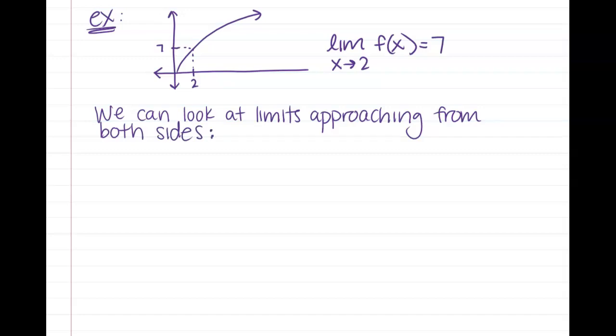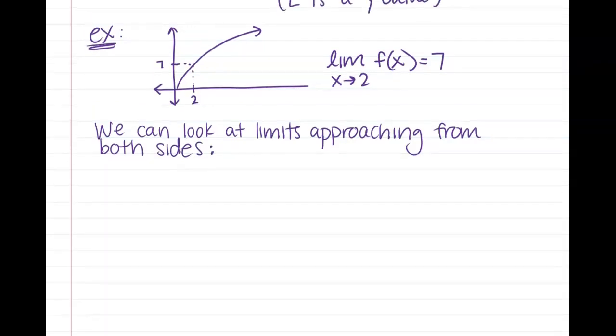For example, using the same illustration, we can say that the limit as x goes to 2 from the positive side. This is from the right, because positive, basically think about it, positive numbers are on the right of a number line, negative numbers are on the left. So this is the limit as x approaches 2 from the right of f of x equals 7.